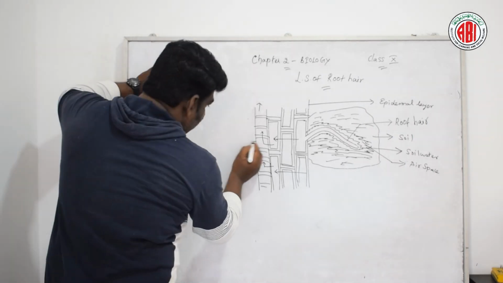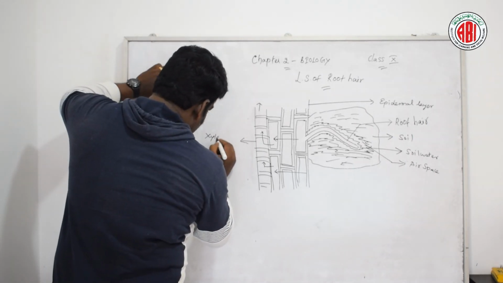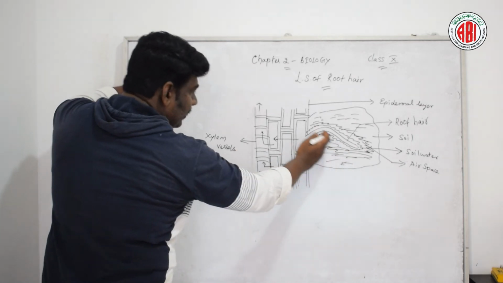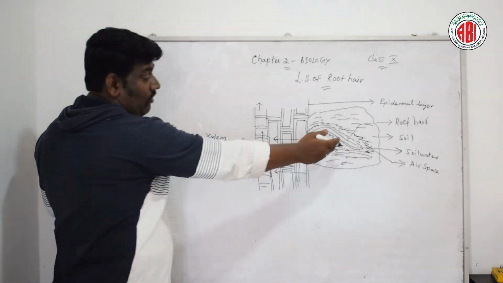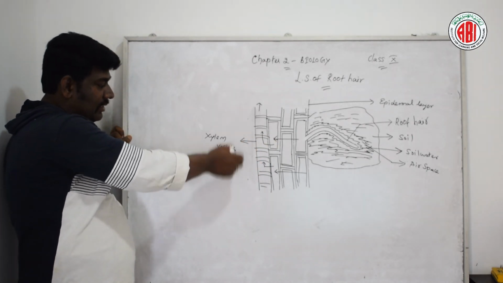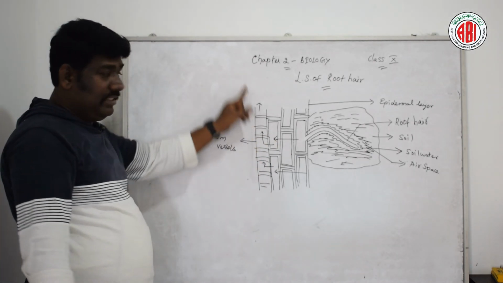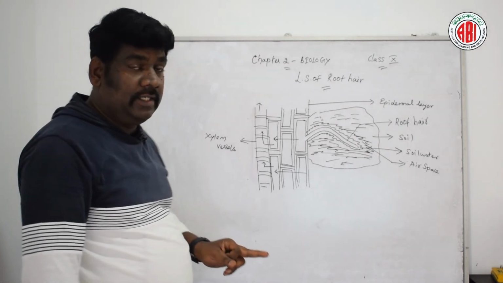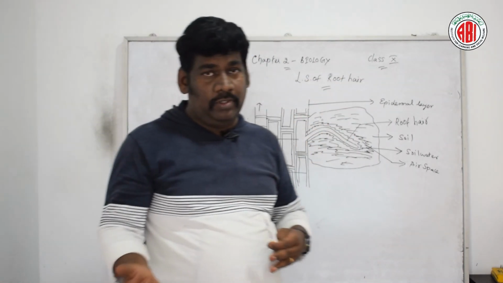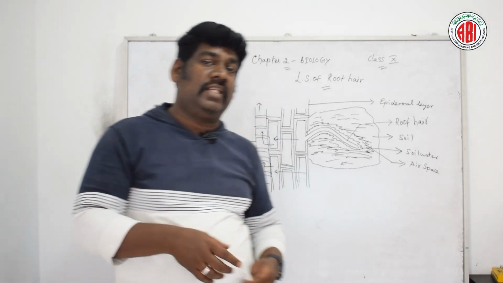And this part is called the xylem vessels. As soon as the water enters through the root hair, it comes to the xylem vessel, which helps in conduction of the water from the root hair to the root system and to the rest of the plant.